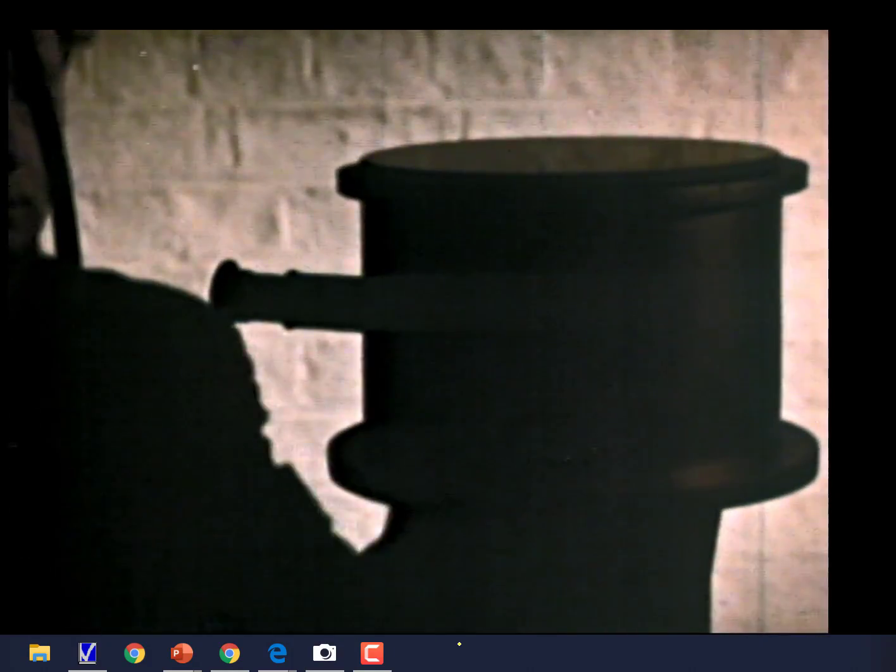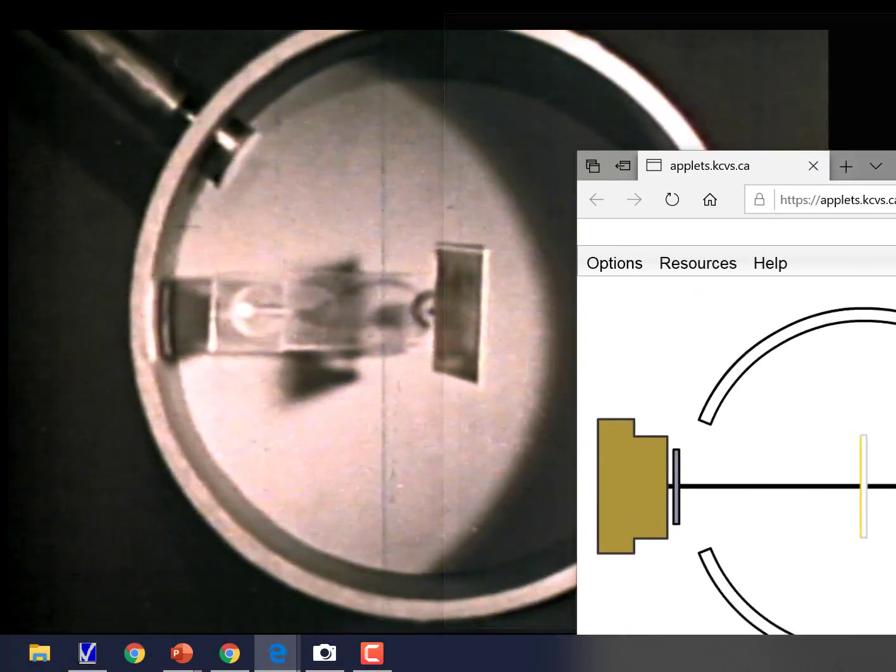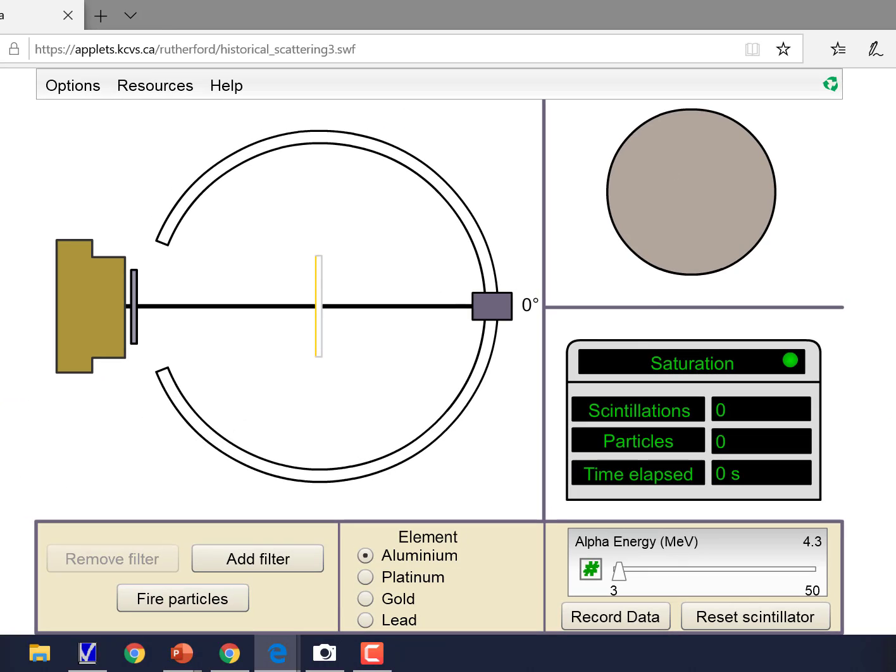That's what this was trying to show you yesterday. When you fired the particles, it fills up right away. Fire particles, fills up right away.